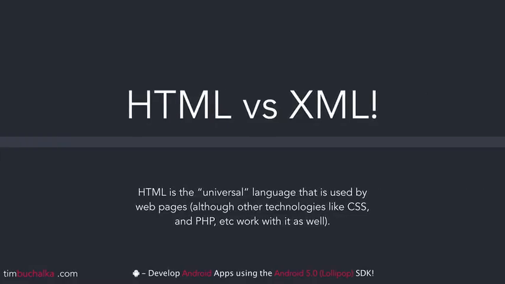Firstly, to talk about XML, we really need to talk about HTML. HTML is the universal language that is used by web pages, although there are other technologies like CSS for helping with the graphics and PHP that work with it, I should say. Think of HTML as the building blocks for a standard web page, essentially.